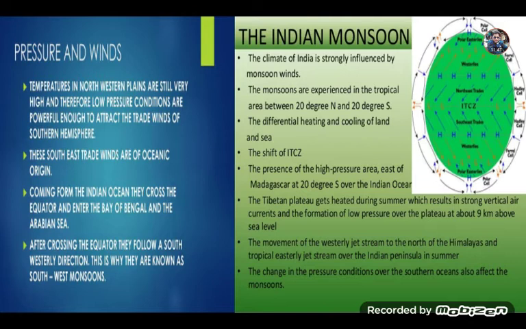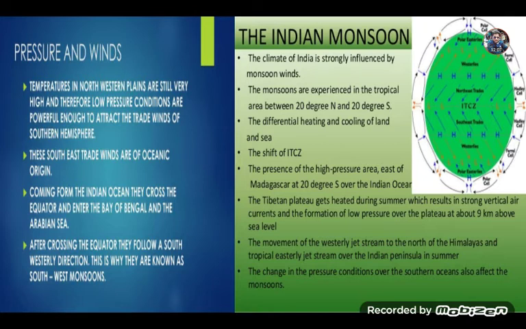And when the southeast trade wind crosses the equator, due to Coriolis force, it shifted towards India and becomes southwest monsoon. And that southwest monsoon hits Indian peninsular regions and started bringing rainfall.